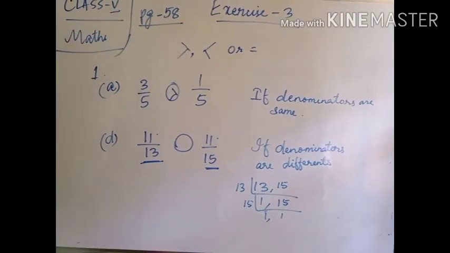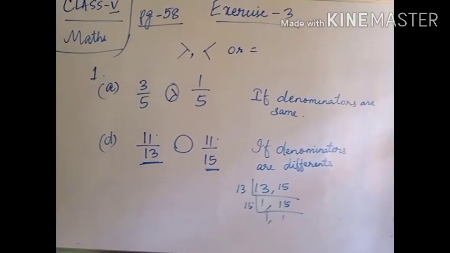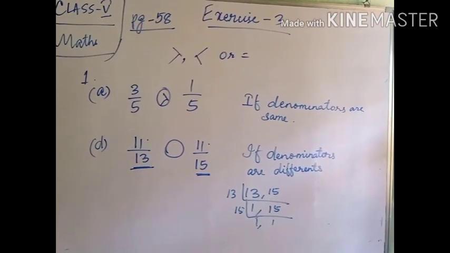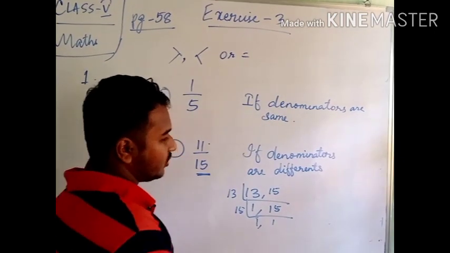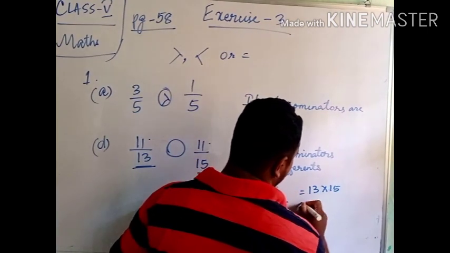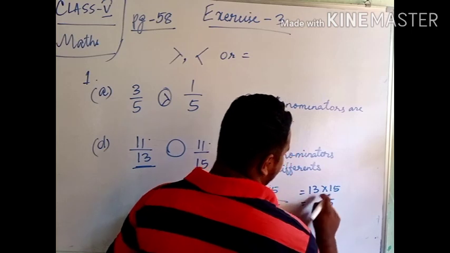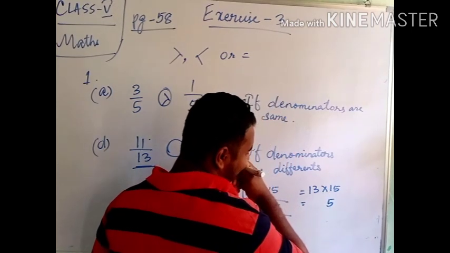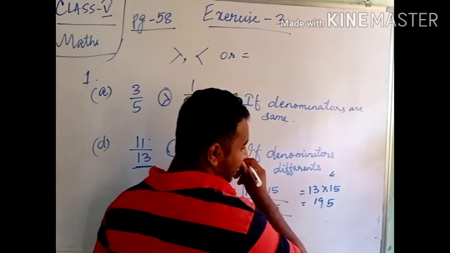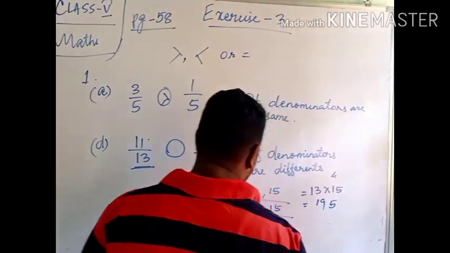So how will we take the LCM? 13 and 15 are there. 13 into 15, what will you get? 5 3s are 15, 15 3s are 45, 15 9s are 135, 195. Okay, you will get 195.